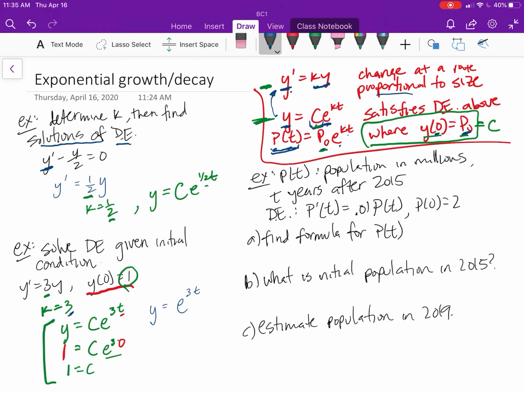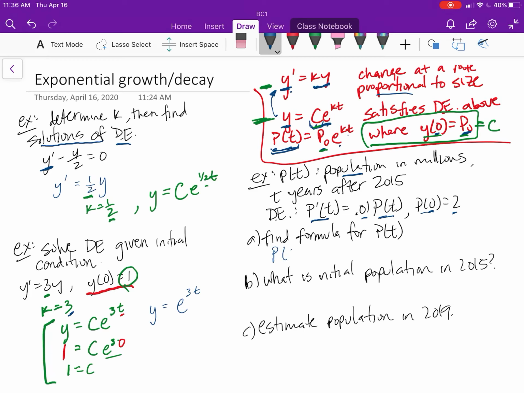Okay. All right, the last one, I summarized the word problem a bit. It gives us p of t, which is a population problem in millions, t years after 2015. Okay, so the differential equation, the rate of change, is 0.01 times the original population function, and the initial population at time 0 is 2. Find a formula for p of t.